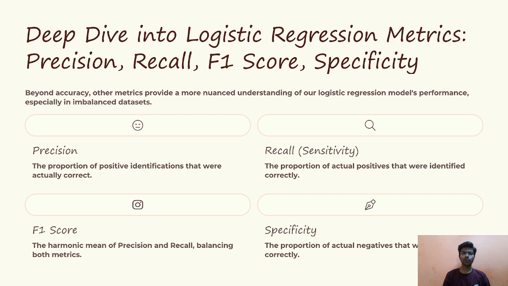Precision: the proportion of positive identifications that were actually correct. Recall, or sensitivity: the proportion of actual positives that were identified correctly. The F1 score: the harmonic mean of precision and recall, balancing both metrics. And specificity: the proportion of actual negatives that were identified correctly.